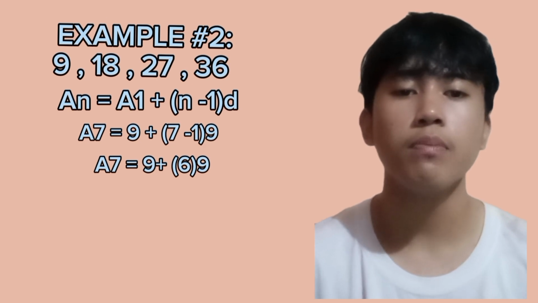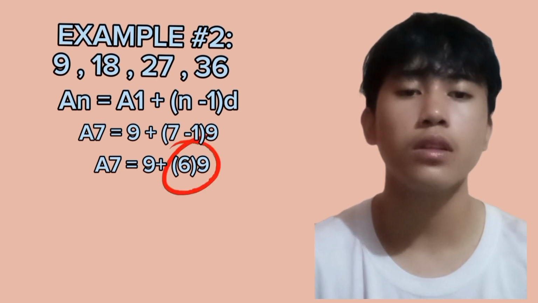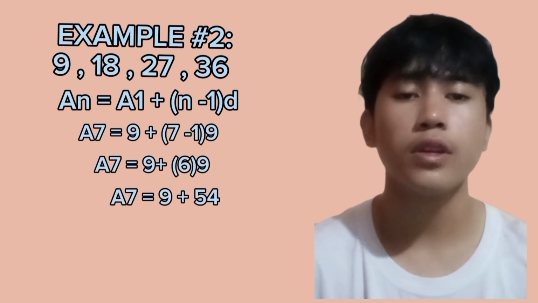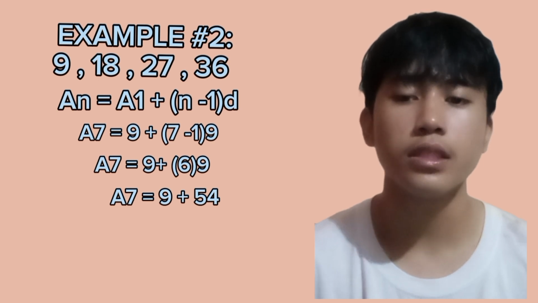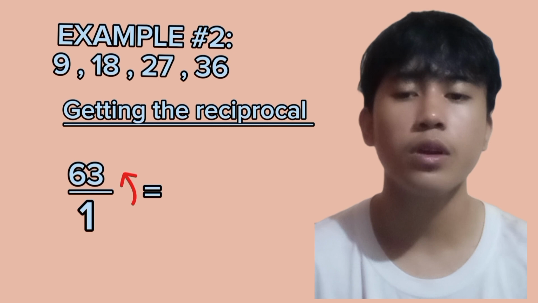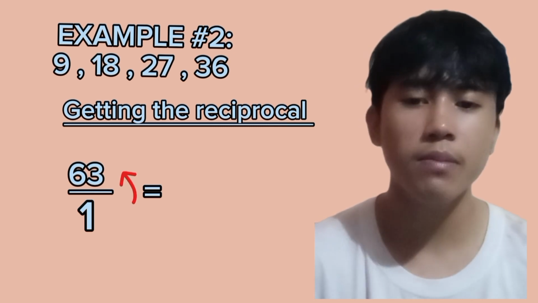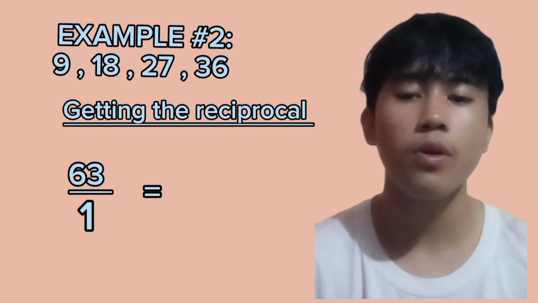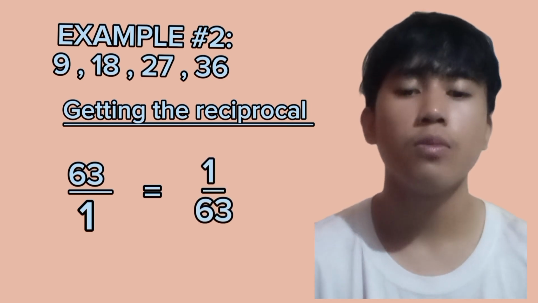Let's now multiply the 6 by 9 to get the new equation. Our new equation is 9 plus 54, so a sub 7 is 63. Let's get the reciprocal of 63. To find the harmonic sequence, 63 over 1 becomes 1 over 63.